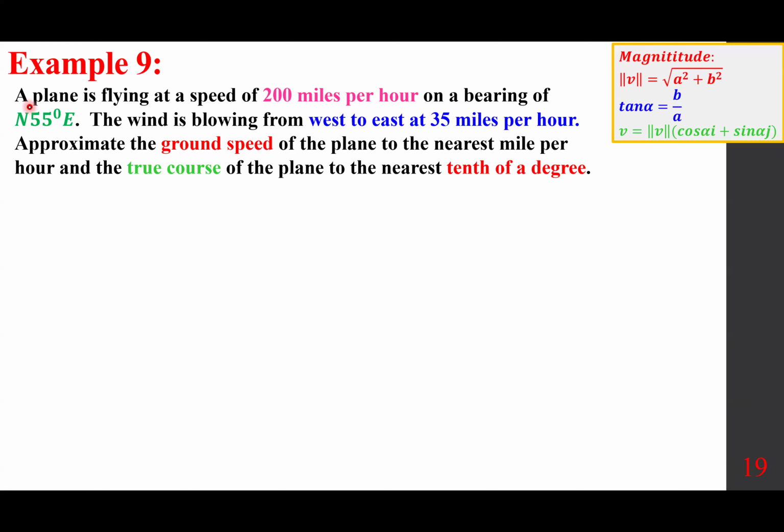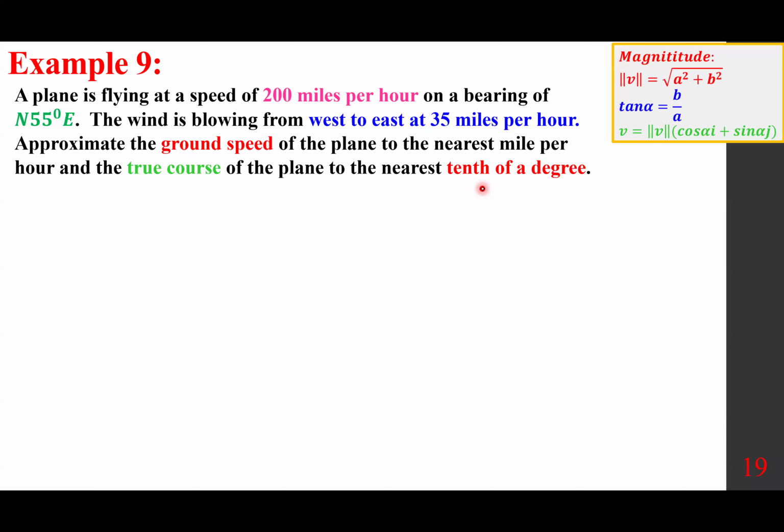A plane is flying at a speed of 200 miles per hour on a bearing north 55 degrees east. The wind is blowing from west to east at 35 miles per hour. Approximate the ground speed of the plane to the nearest mile per hour and the true course of the plane to the nearest tenth of a degree.